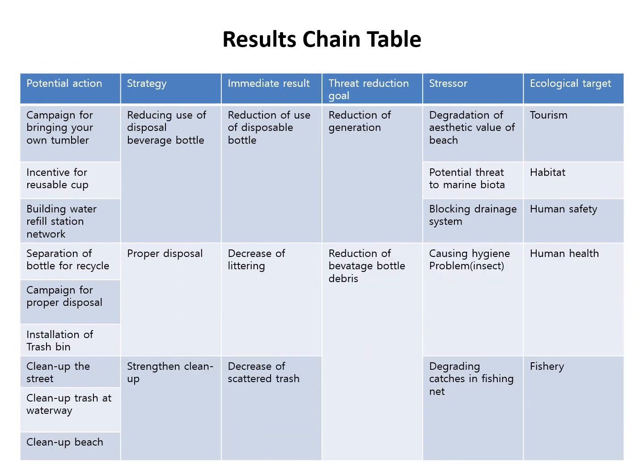This is an example of using a table to make a result chain. You can check the reliability of a strategy or potential action in marine debris management to reduce the stressor or ecological concern.